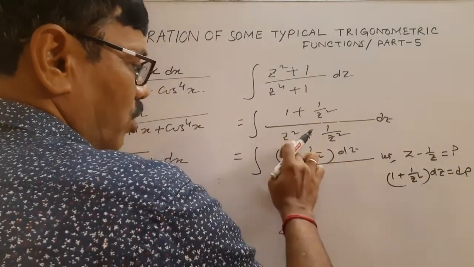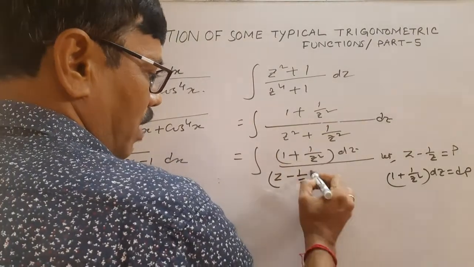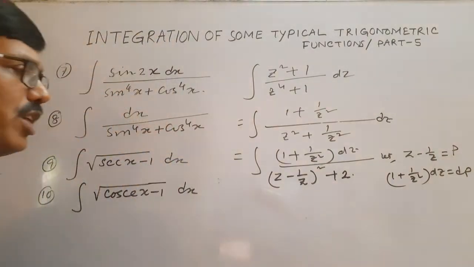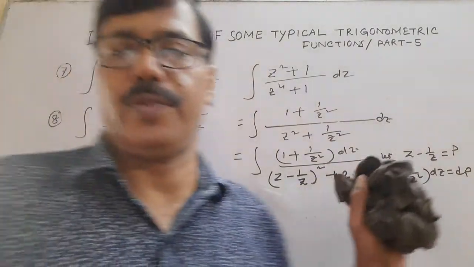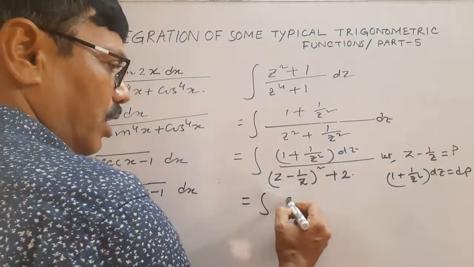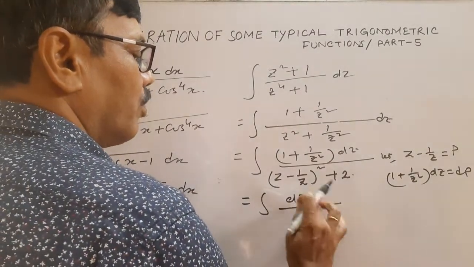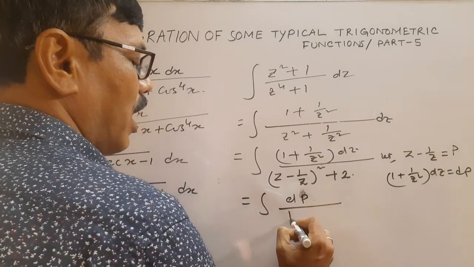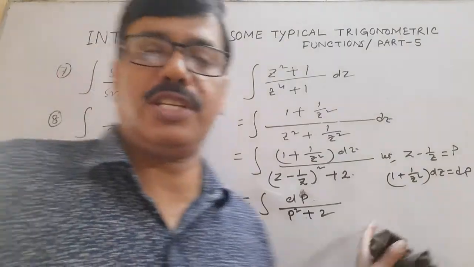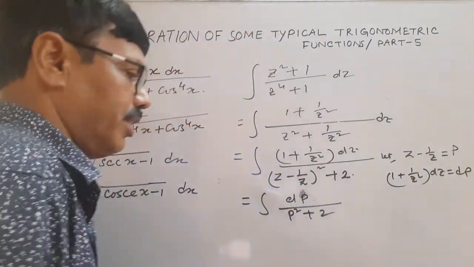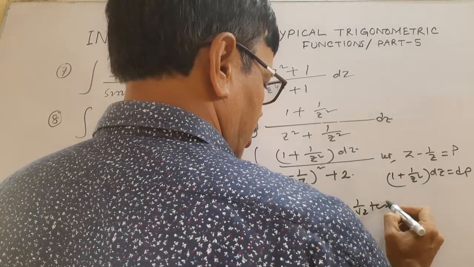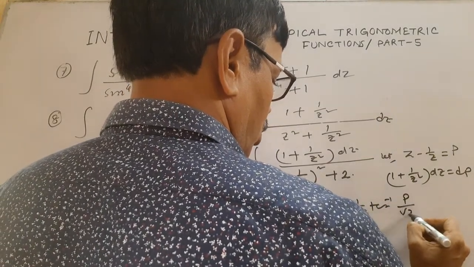So a square plus b square is a minus b whole square plus 2ab, so 2 into z into 1 by z. Now the numerator is dz, which is dp, and this is p square plus 2. So this is a well known standard integral: 1 by root 2 tan inverse p by root 2 plus c.